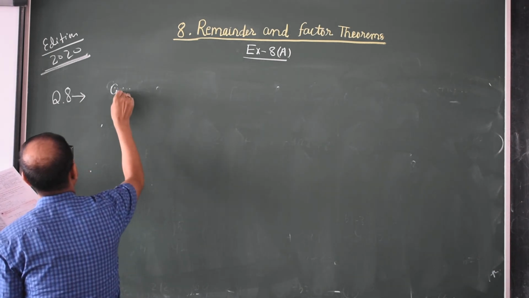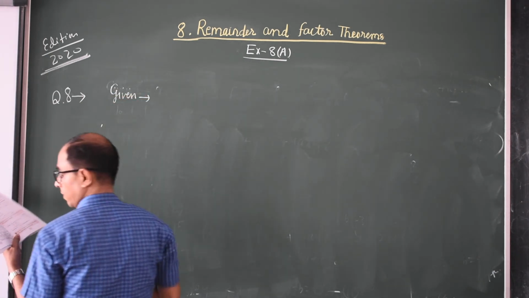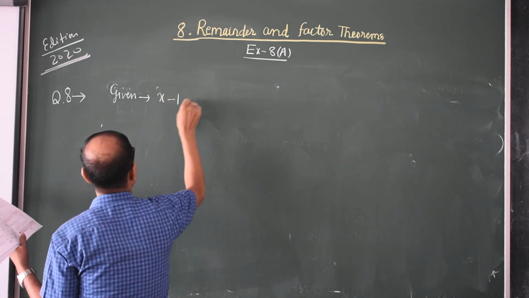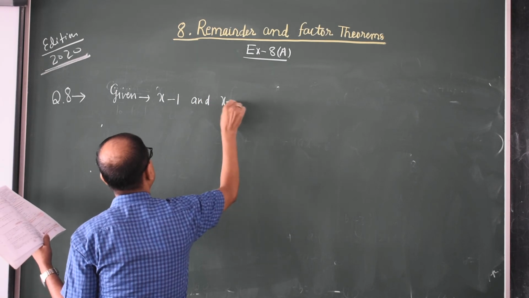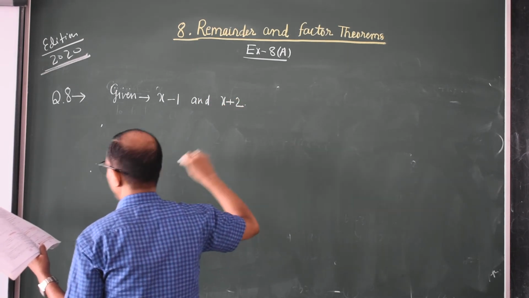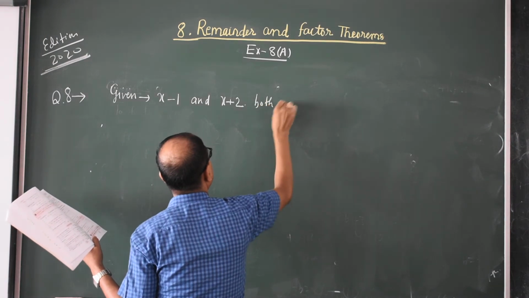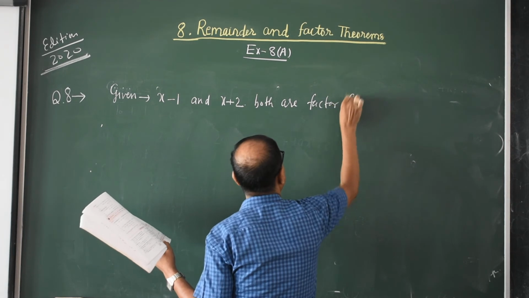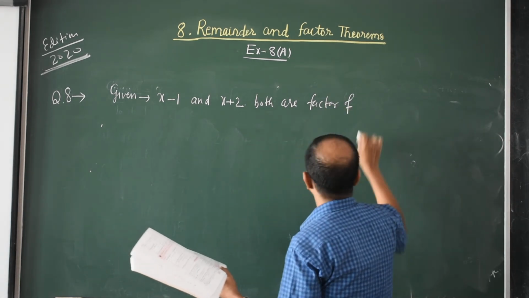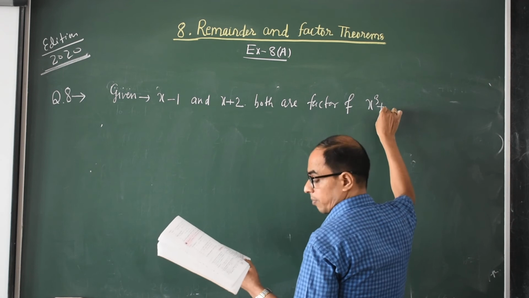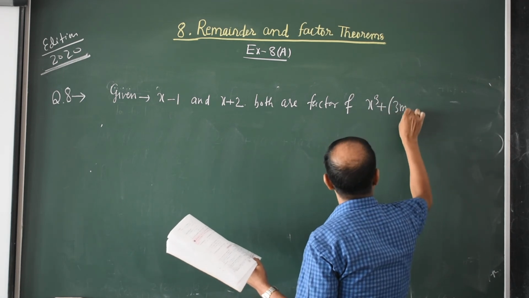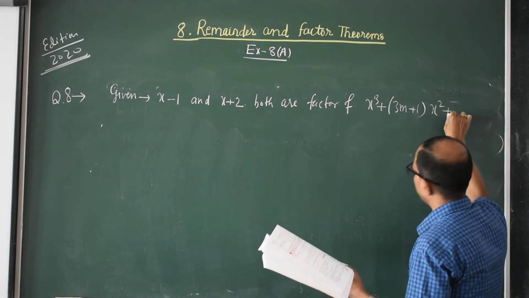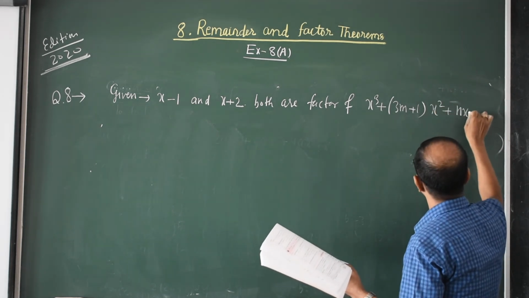So given what information is given in the question? x minus 1 and x plus 2 both are factors of x cube plus (3m plus 1) x square plus nx minus 18.